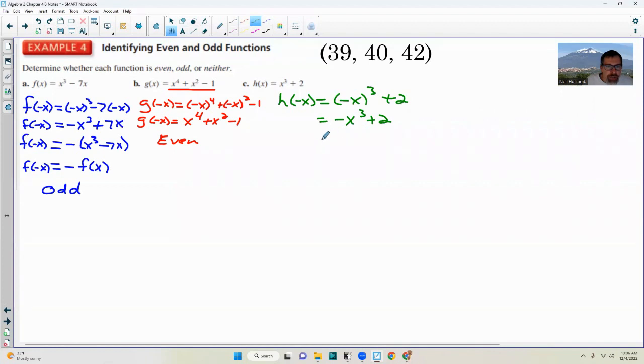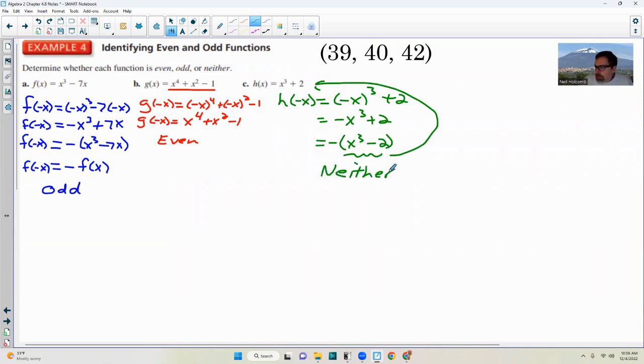And if I factored out a negative 1, I want to check to see if this would be the same as the original. If I factor out a negative 1, I'm going to get x cubed here. Negative times a positive is negative. Negative times a negative will give me this positive 2. And as you can see, this does not equal this, so it is neither odd nor even. Okay, and that's how you do it, because h of negative x does not equal h of x.